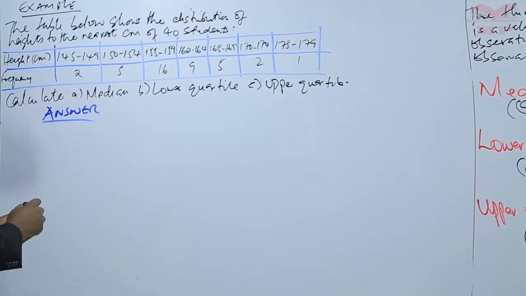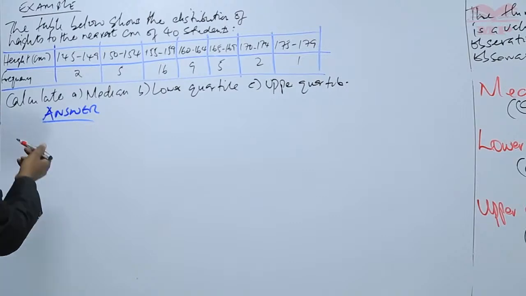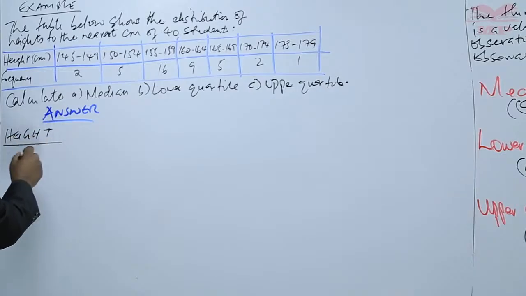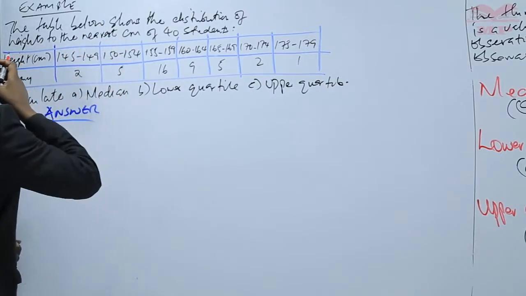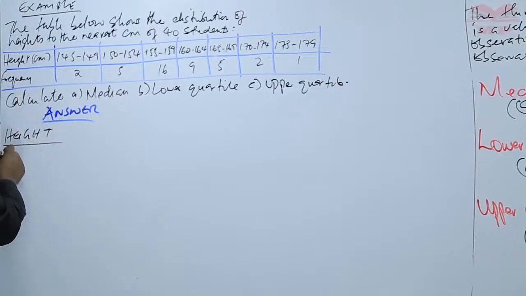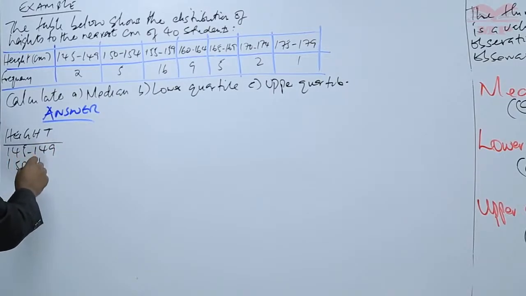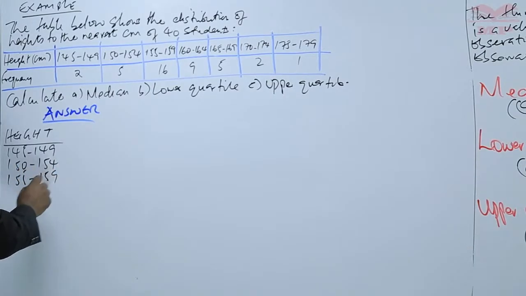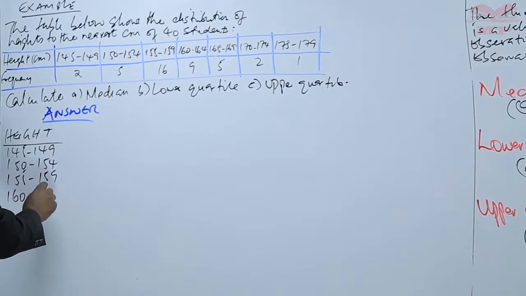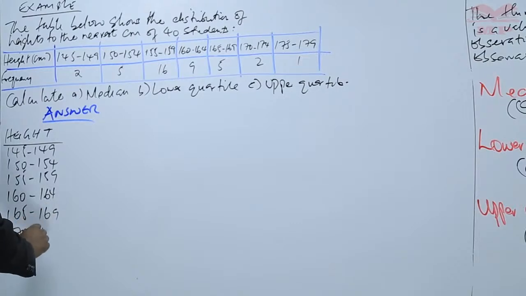Answer. So first we'll have the height column. We are going to put this data into 2 columns. We have 145 to 149, 150 to 154, 155 to 159, 160 to 164, 165 to 169, 170 to 174, 175 to 179.